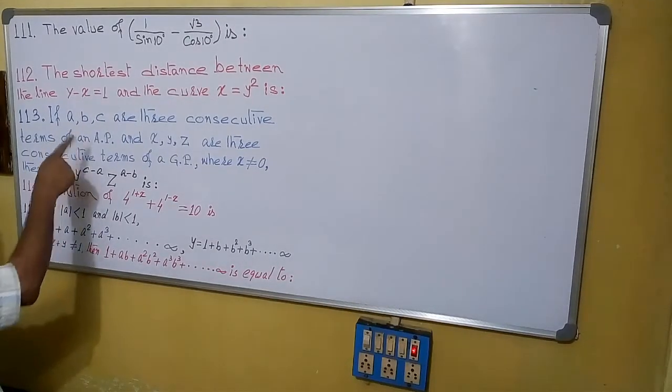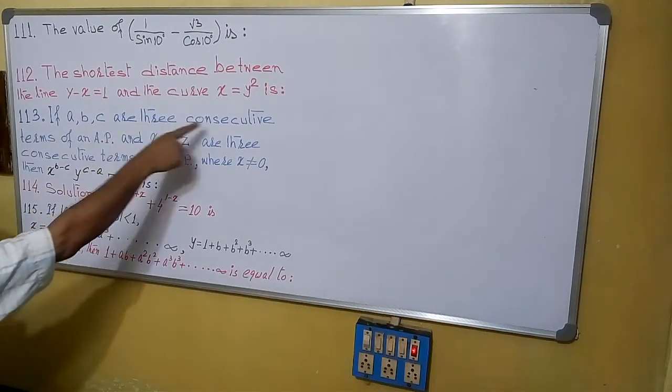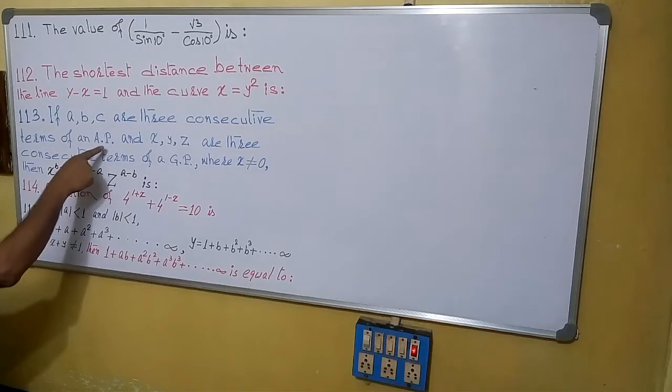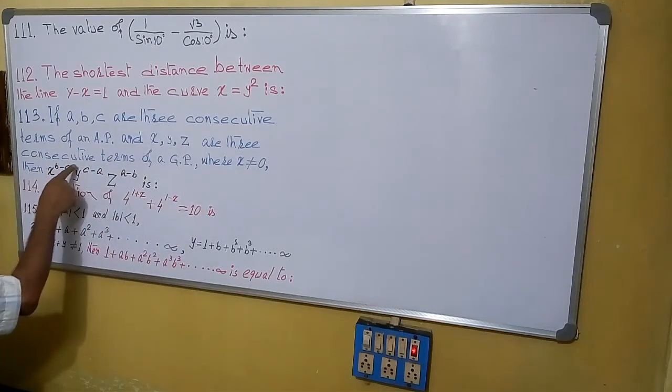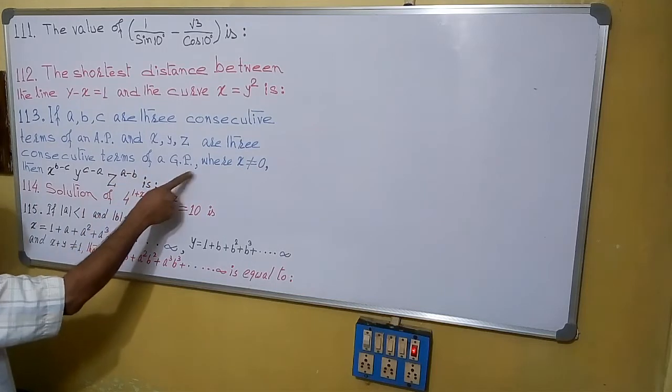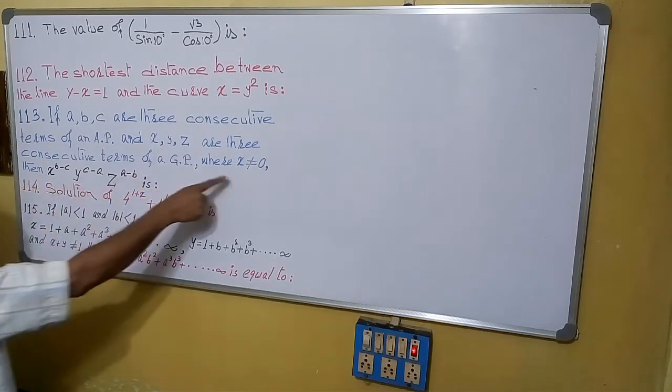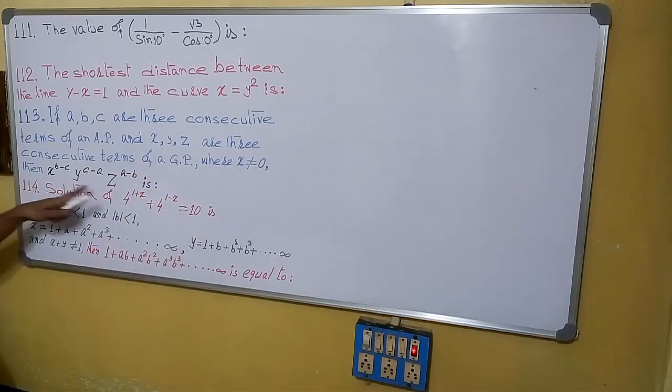Now, if A, B, C are three consecutive terms of an AP and X, Y, Z are three consecutive terms of a GP where X not equals to 0, then we have to find this one.